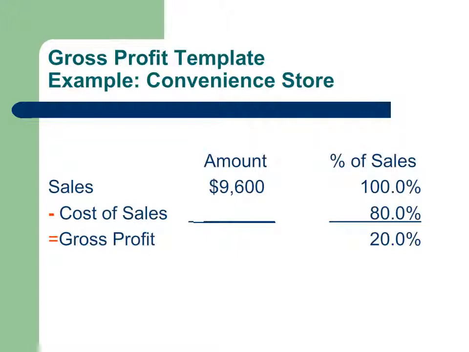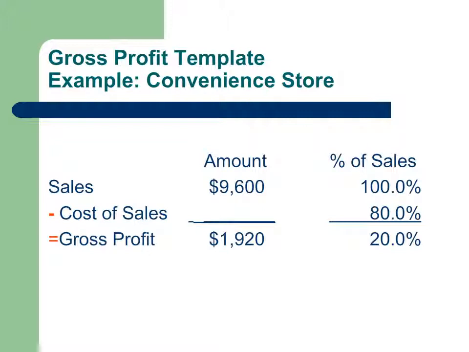The calculation would be the sales dollar amount times the gross profit margin. So $9,600 times 20% or 0.2 is $1,920.